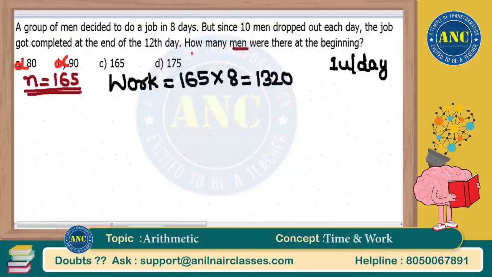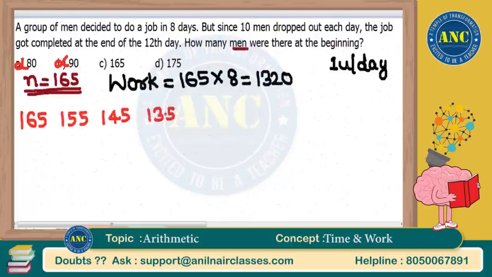Now listen carefully. Can I say that on the first day 165 people worked. Second day 10 people left, so 155 worked. Third day 145 worked. Fourth day 135 worked.